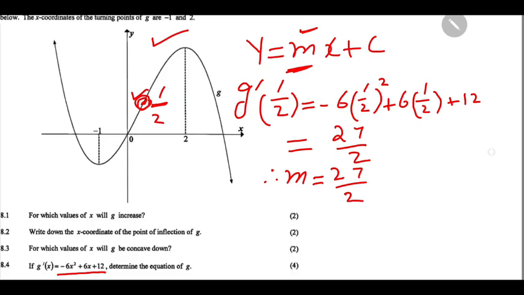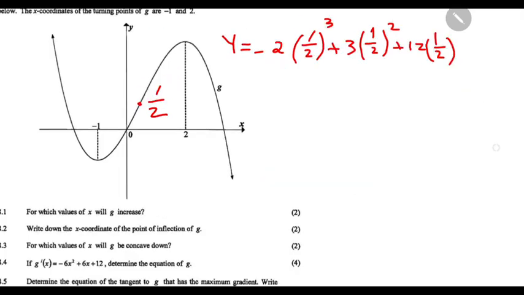Now I need to find the y value. I've got m, and the x value is 1/2, so I'm looking for the y value. I need to substitute the point of tangency into y = mx + c to find the equation of the tangent line. To get the y value, I substitute x = 1/2 into the original function which we earlier proved.